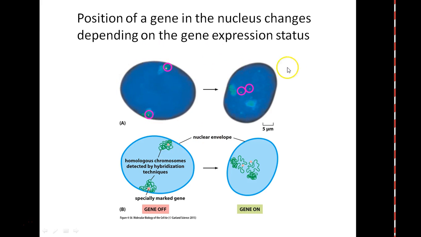So in this figure, we have an example of a gene, and there are two copies of this gene. So in this top panel, the gene is silenced, it's not expressed, and it's colocalized with the heterochromatin or silenced fraction of the chromatin, which we said is very abundant and on the nucleus periphery. So here, in this situation, this gene is silenced.